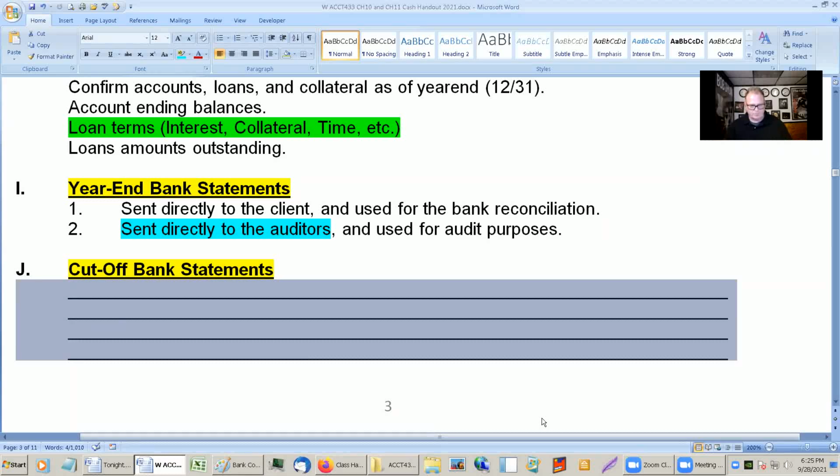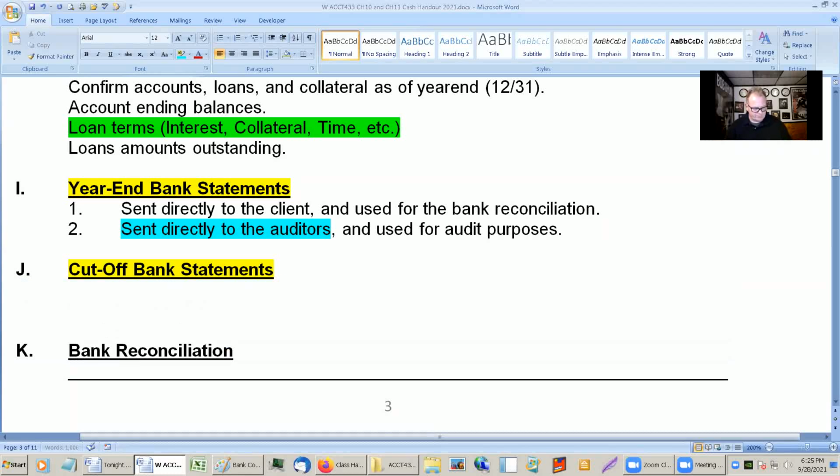Cutoff bank statement. Now, a cutoff bank statement is a bank statement made about 7 to 15 days after year end.